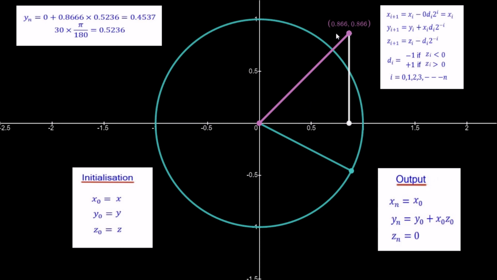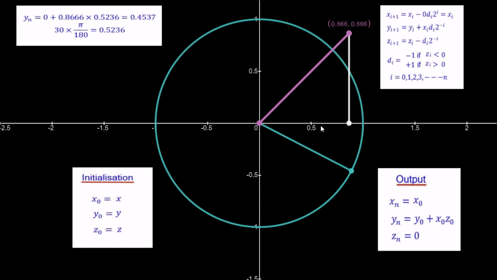So now we've got the value 0.866, 0.866, and it again goes back into the algorithm. Now when we put it back into the algorithm, we'll find that we're going to do the rotation of this here, but the direction of the rotation is going to be given by the sine of this angle here.